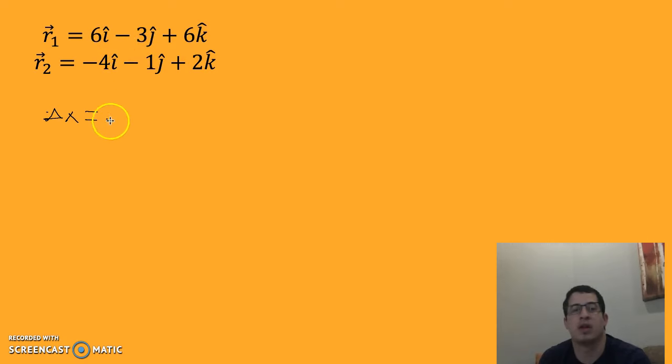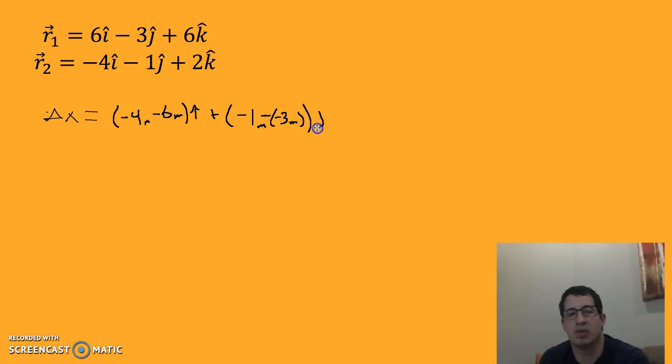Okay, and so we'll say r2 minus r1, so negative 4, and we'll say these are meters, minus 6 times i, plus negative 1 minus negative 3, and these are again meters for j, and then we'll do the same for k.